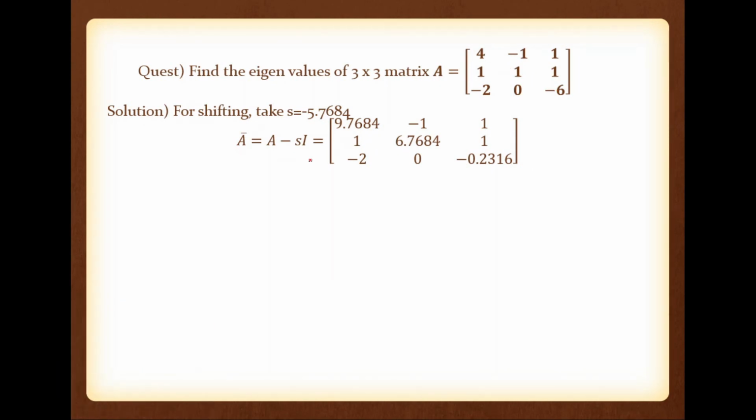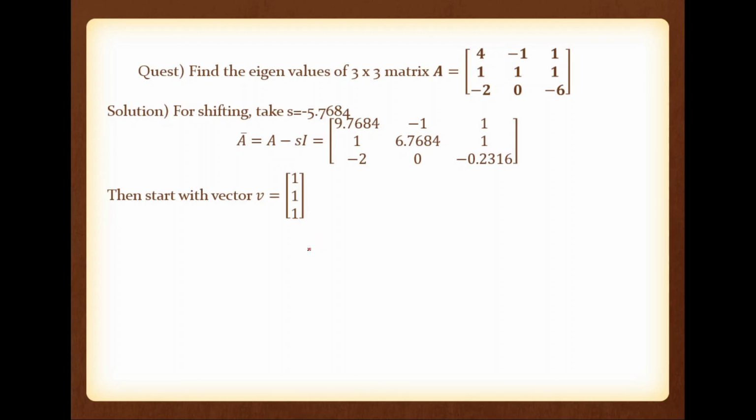Now we have to apply the power method on this one. So take the initial vector V equal to 1, 1, 1. Post multiply this initial vector with this A bar. So I told you, I wrote the algorithm so that it will not display the output vector.